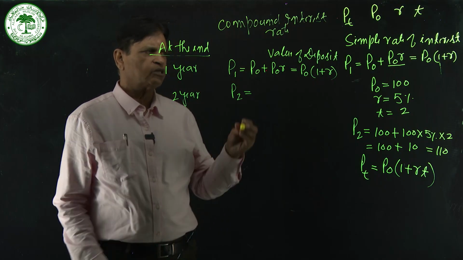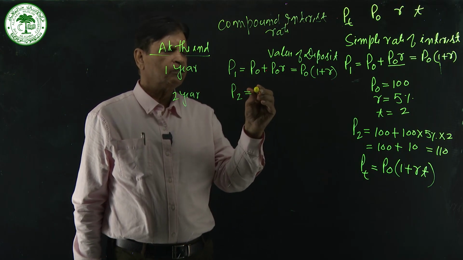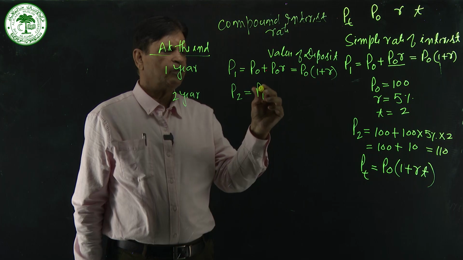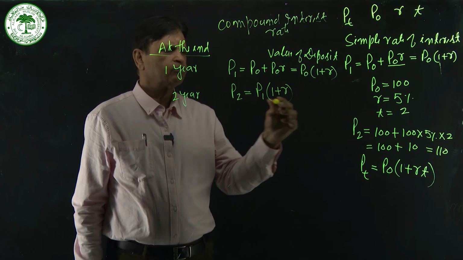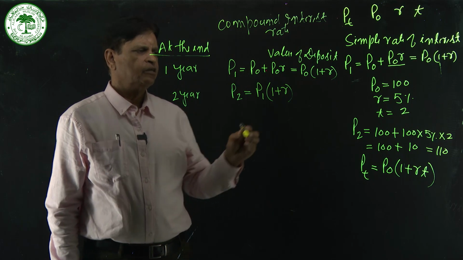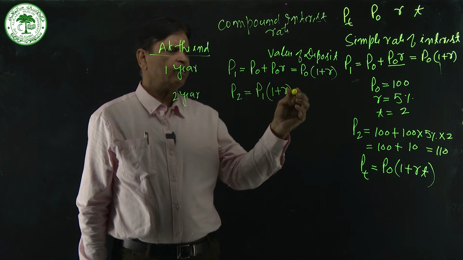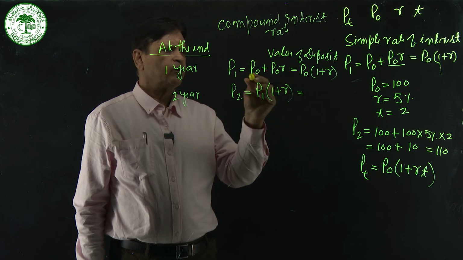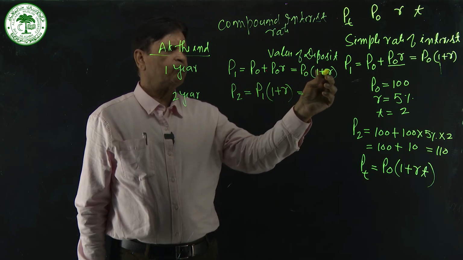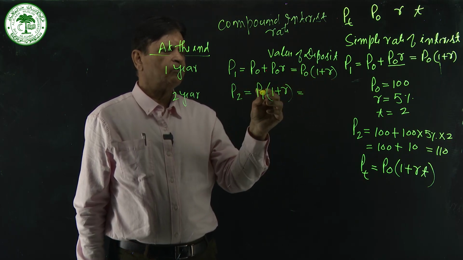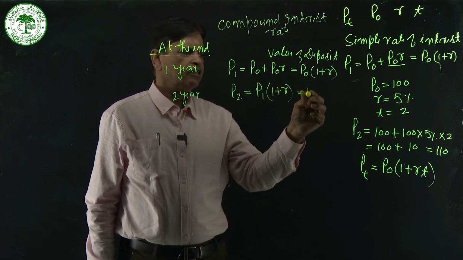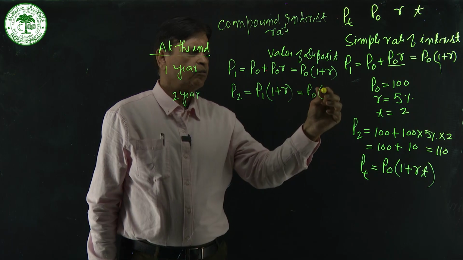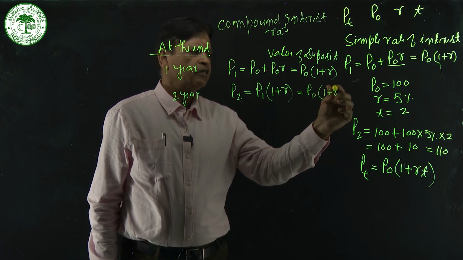The total amount after the first year is P1. This will serve as the principal amount and interest will be calculated on this amount. So P1 (1 plus R). Now, if you substitute the value of P1 here, because P1 is equal to P0 (1 plus R), then it will become P0 (1 plus R) raised to power 2.